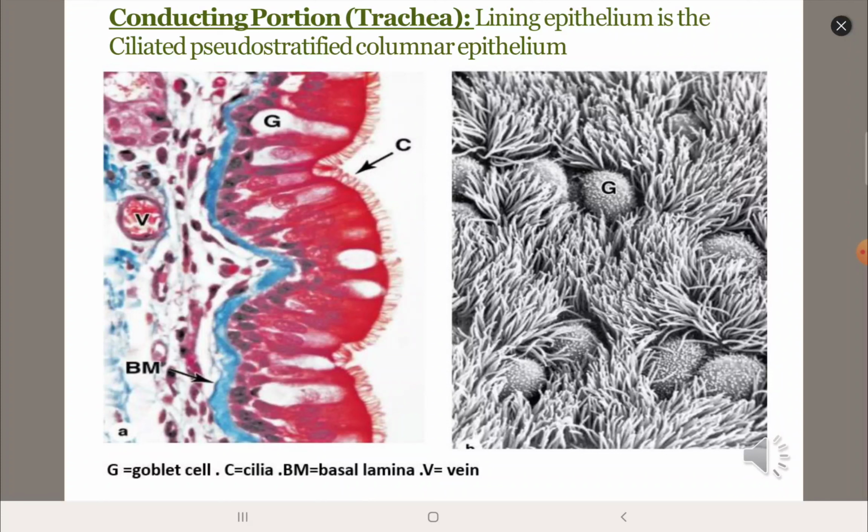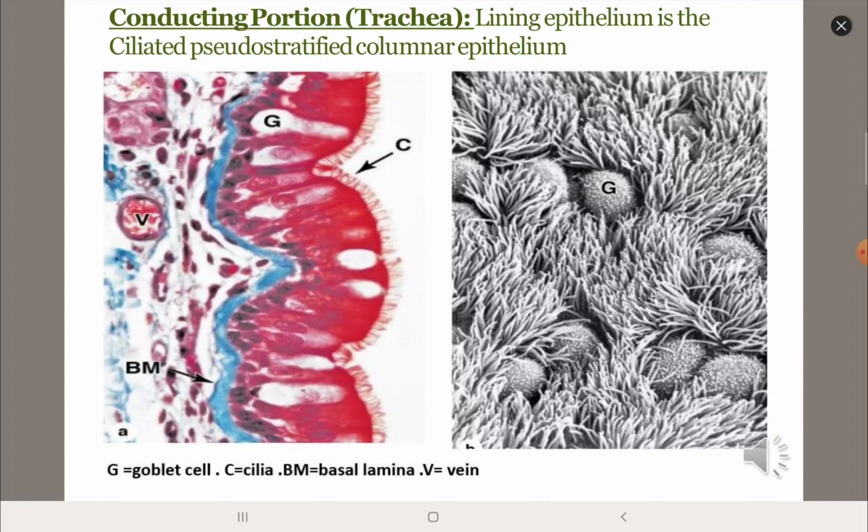You can see scattered between them the pseudostratified columnar epithelium with the goblet cells. So this letter G refers to the goblet cell, while the C stands for the cilia, and the BM stands for the basement membrane or the basal lamina, which stains blue in color.